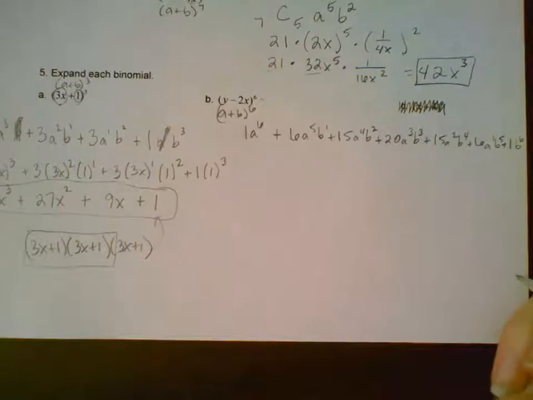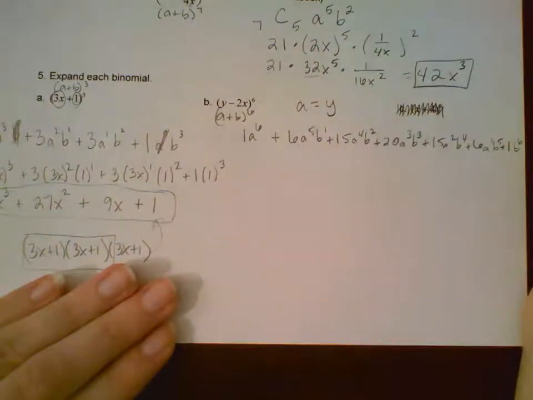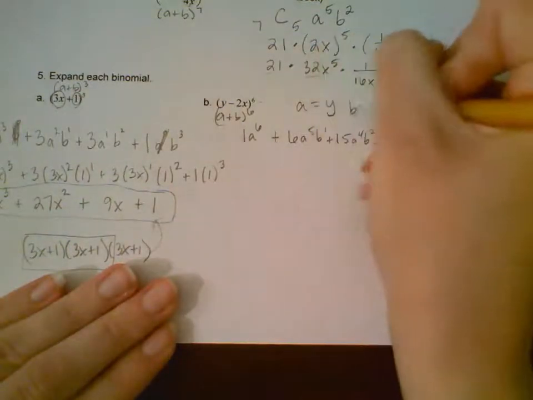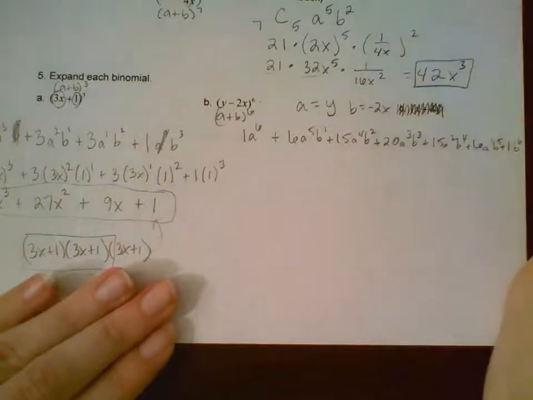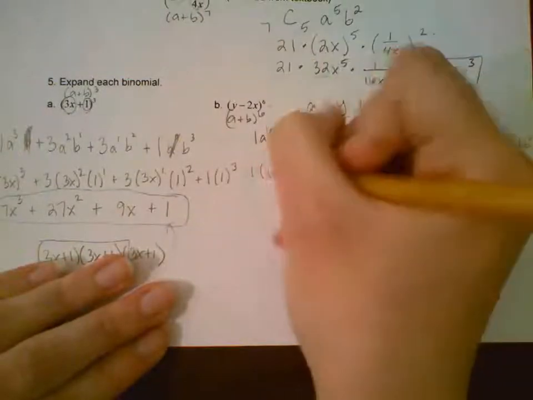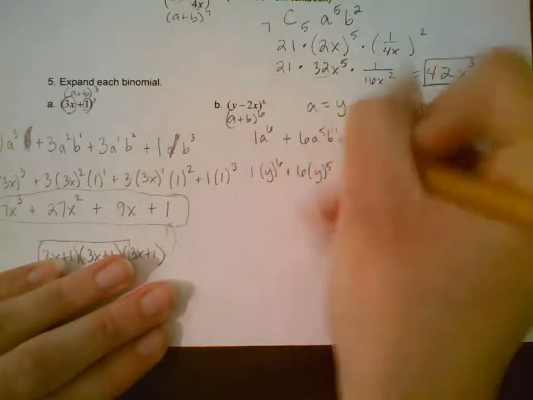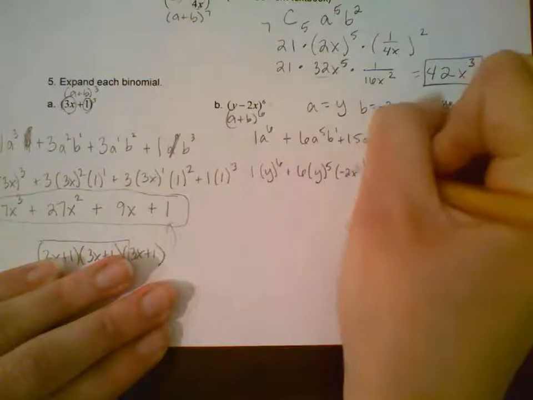Okay. So now we're just doing the substitution. The a is the y, because that's in the front spot. And then b is going to become negative 2x. So we're just going to substitute those things where we see them. So we have y to the 6th, y to the 5th times b to the 1st.